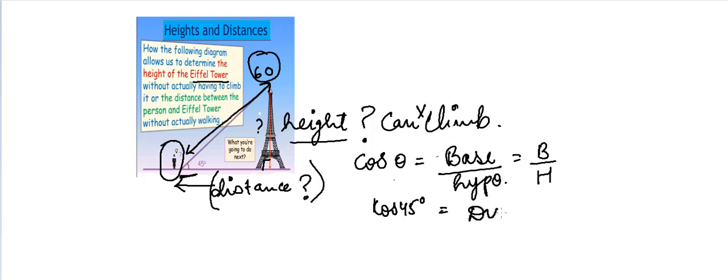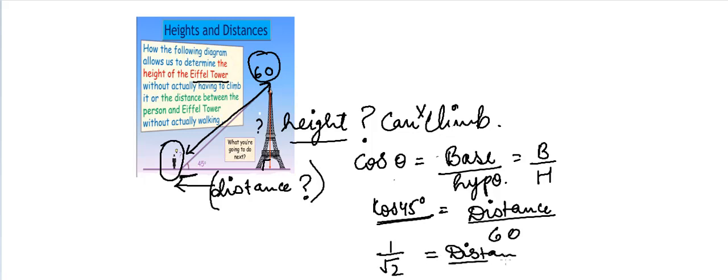Base is actually the distance, and hypotenuse is again 60. Cos 45 is 1 by root 2, so 1 by root 2 equals distance by 60. So the distance comes out to be 60 by root 2 meters. So this is how we calculate heights and distances using trigonometry. Hope this basic example will help you to solve all your questions. Thank you for watching.